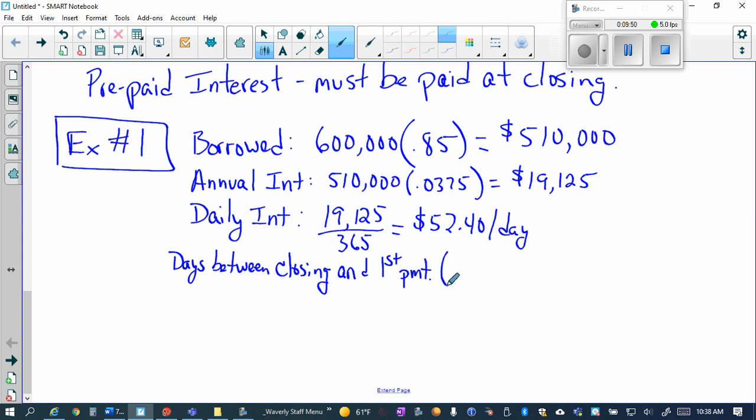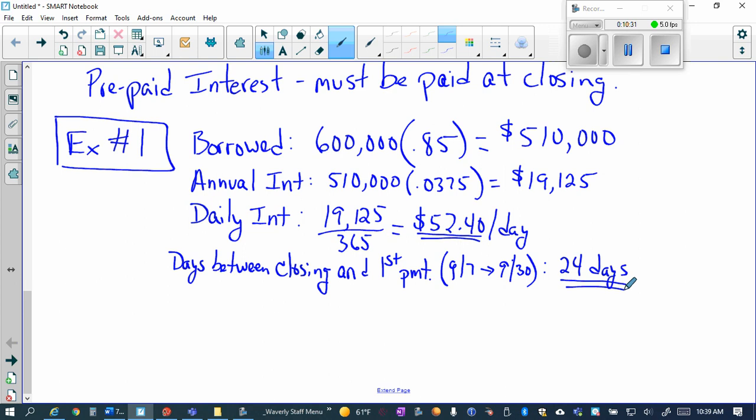That's going to go from 9/7 to, well, if the first payment's October 1st, we're going to accrue this from 9/7 to 9/30, because the next day would be the 1st of October. All right? And you might need to look at a calendar there, but when you do, it works out to be 24 days.